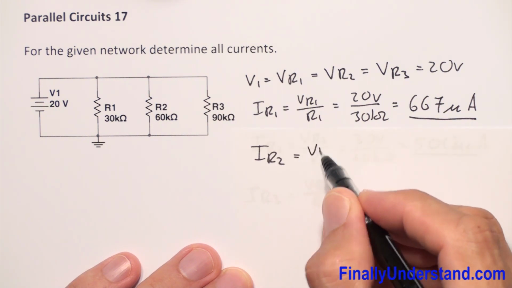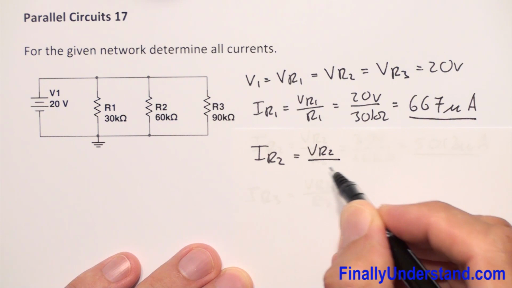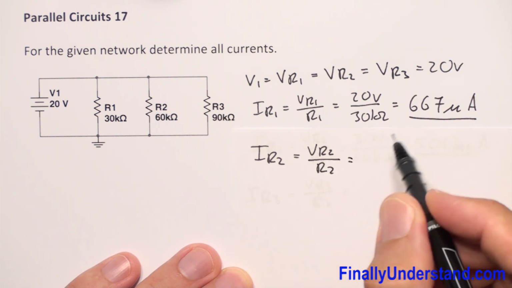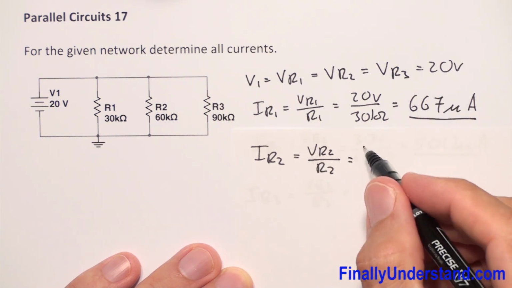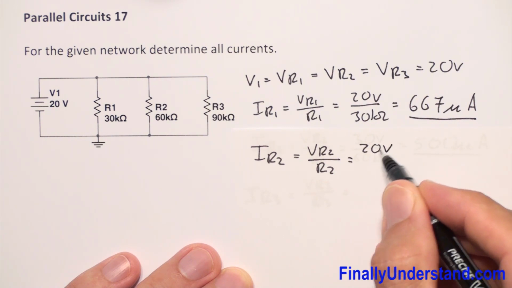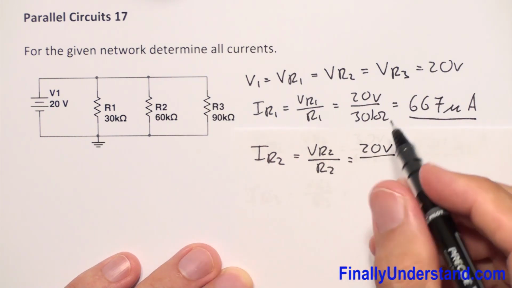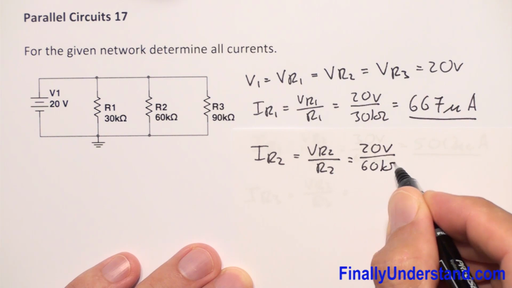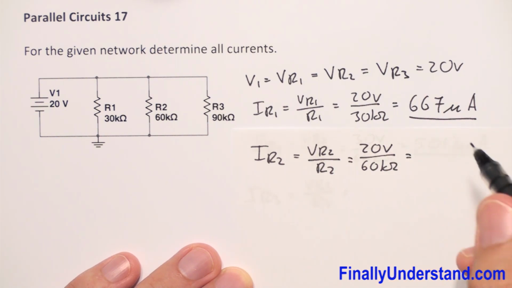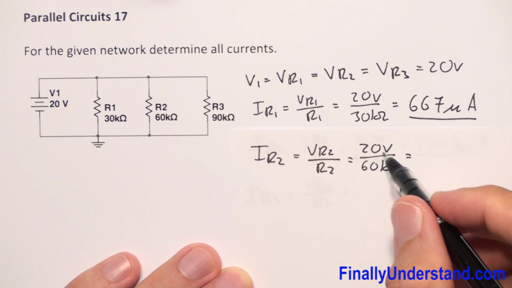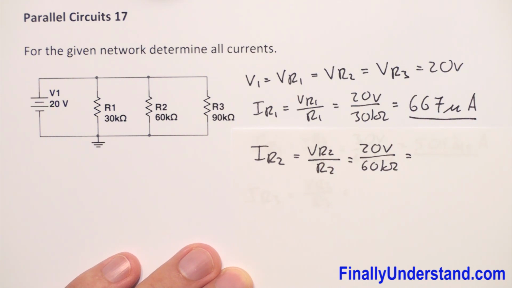IR2 is equal to VR2 over R2, which is 20 volts over R2, equal to 60 kilo ohms. So we have 20 volts over 60 kilo ohms.